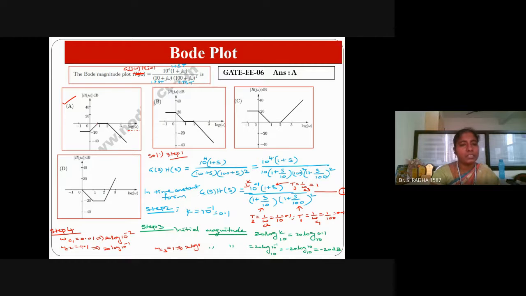Log 1 means 0. Twenty is used in the magnitude calculation.